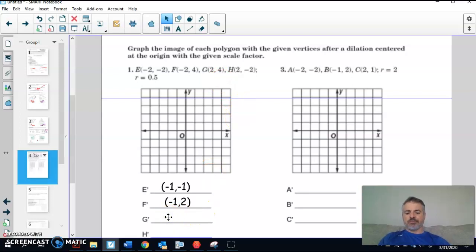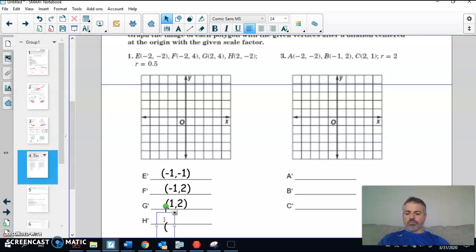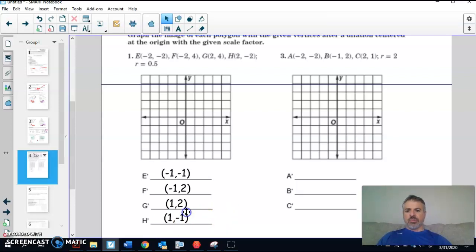So that's G prime, 1 comma 2. And then down here, H prime, again, I'm going to multiply each of those by 0.5, so just take half of both of those. That'd be 1, negative 1. And since that scale factor is less than 1, it should be a reduction, so it should be smaller.